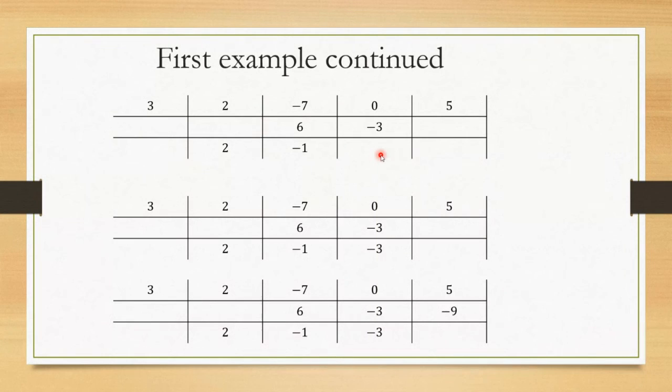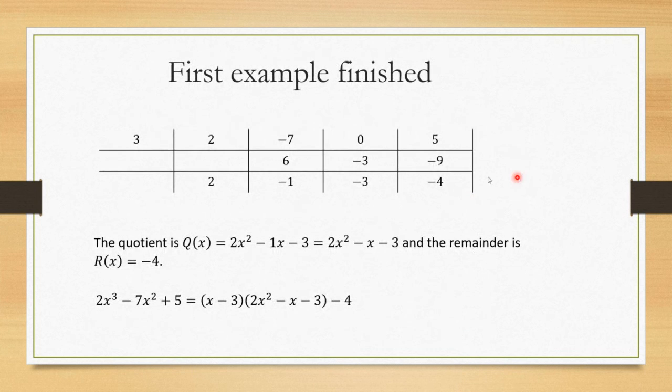3 times negative 3 is negative 9, that goes here. Then you add to get negative 4. And now there's nothing after that, so we stop. So here the quotient is 2x squared minus x minus 3, and our remainder is negative 4.